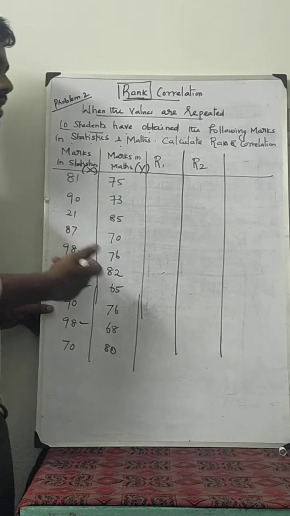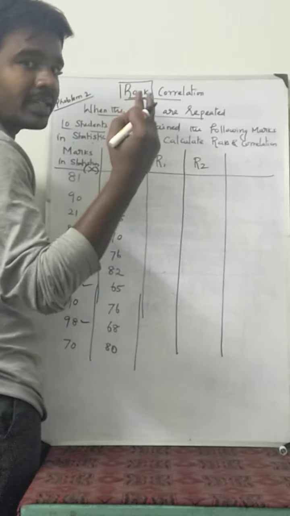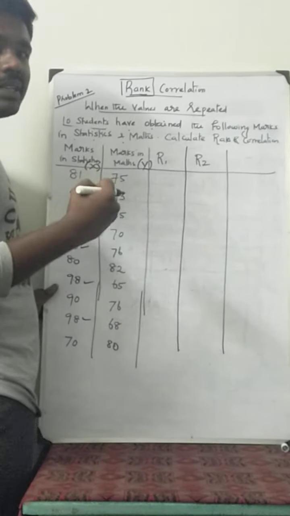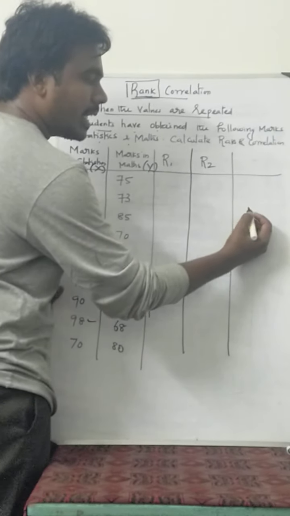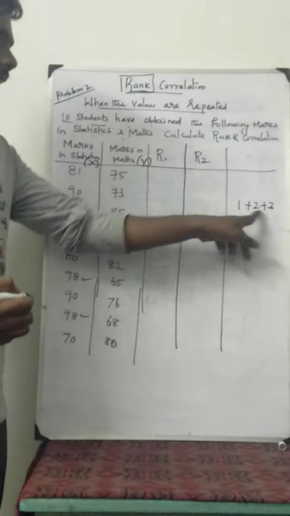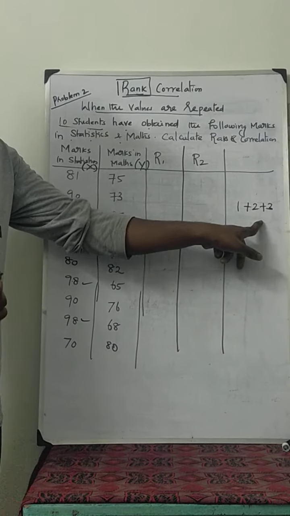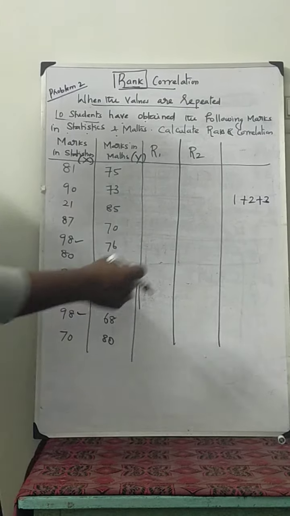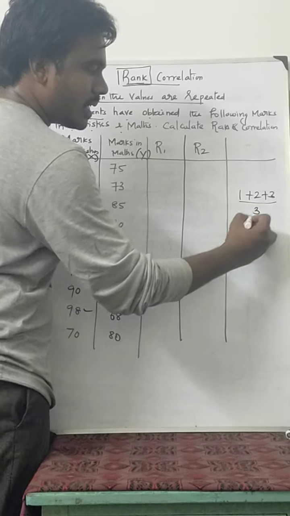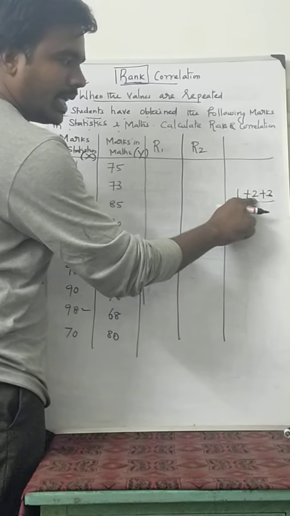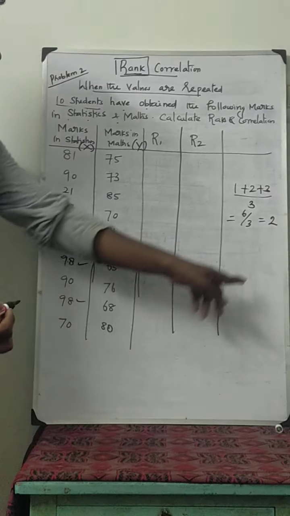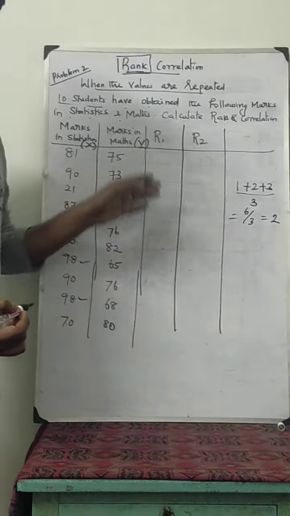Since 98 is repeated 3 times, we assign the ranks 1 plus 2 plus 3, divided by the number of times repeated, which is 3. So 1 plus 2 plus 3 is 6, divided by 3, and we get 2. This rank we are going to assign for all 3 items.